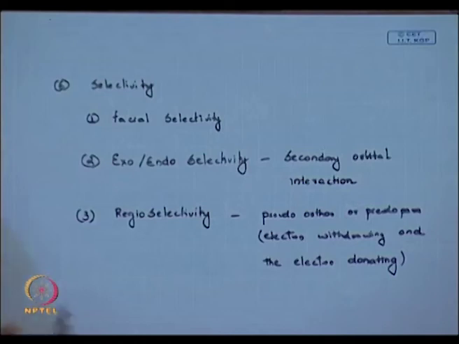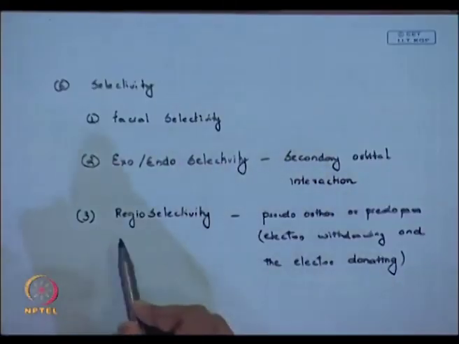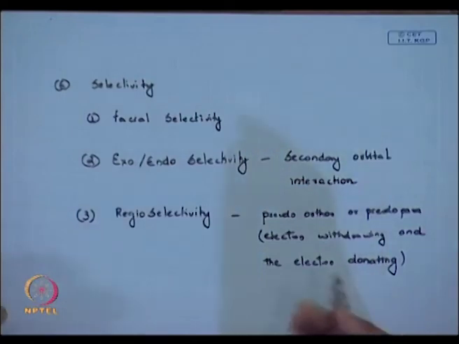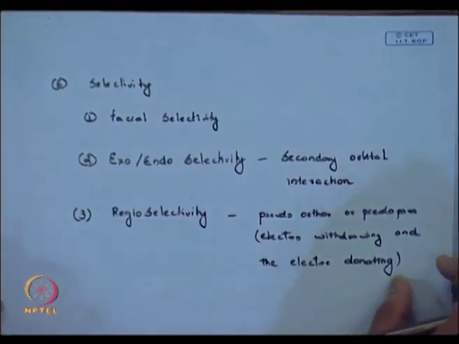If you see the product, they should be either pseudo ortho or pseudo para. That will be regioselectivity, and you can explain this based on your mesomeric structures. Okay. That is what we saw about the selectivity.